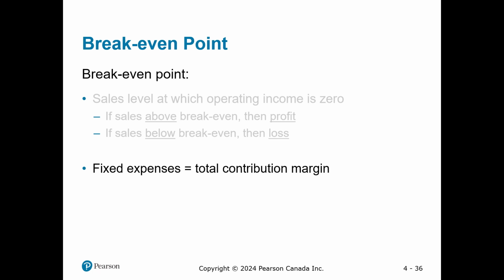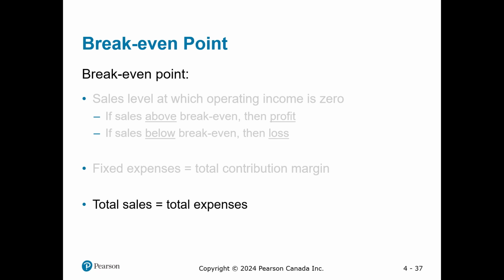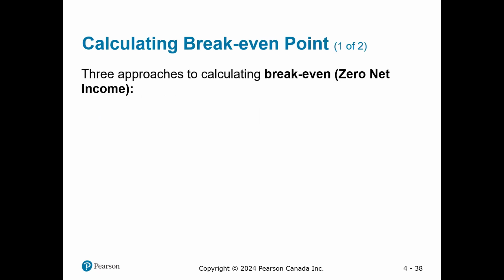Well, that makes sense. Total contribution margin minus fixed costs have to be 0, so the two of them have to be equal to each other. And total sales is equal to total expenses. Makes sense too. Total sales minus total expenses is going to be equal to 0. Now, there's 3 ways we can calculate the break-even point.